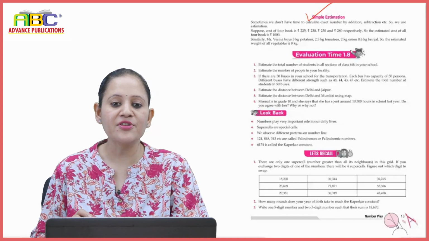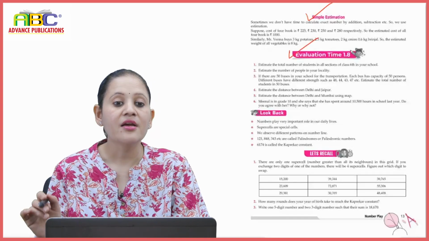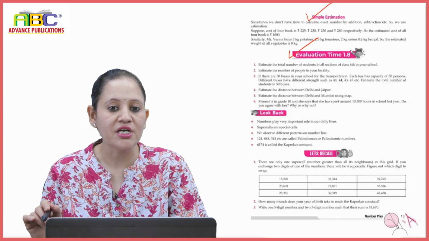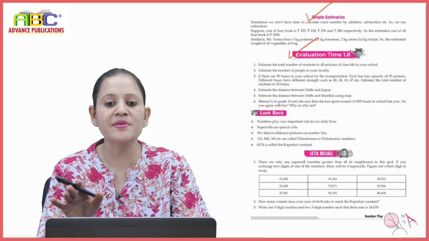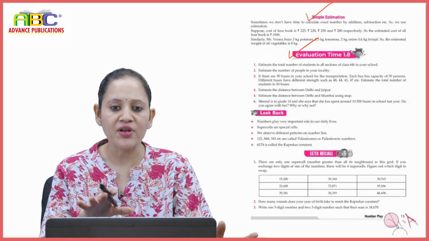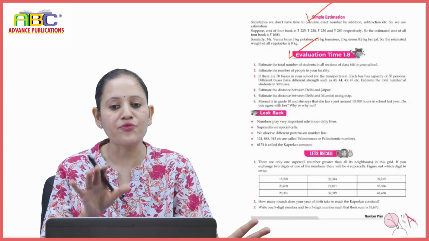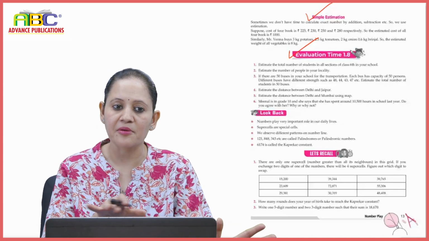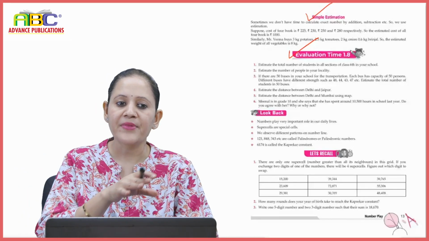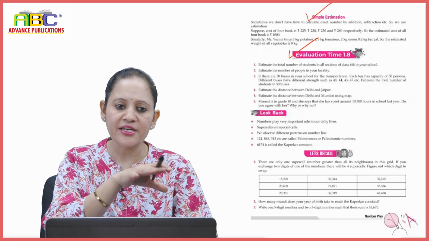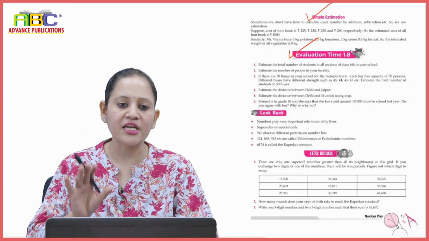Next is evaluation time 1.8. Estimate the total number of students in all sections of class 6th of your school. Estimation will not give the exact number, it will give you an idea of almost how many there are. Like, you know this section has 40, this has 42, this has 38, so you will take an idea and round off to give a number.